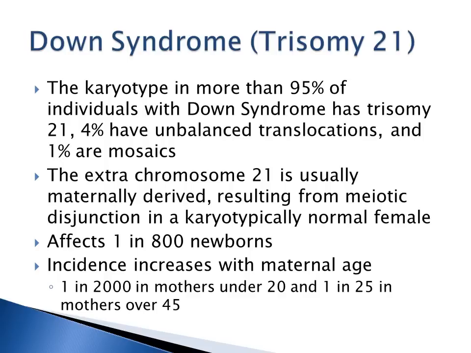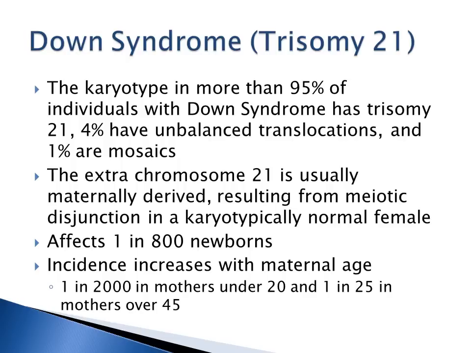So, Down syndrome or trisomy 21. The karyotype of more than 95% of individuals with Down syndrome is trisomy 21. However, 4% have an unbalanced translocation and 1% are mosaics. The extra chromosome 21 is usually maternally derived, and it's the result of a meiotic nondisjunction in a normal female.